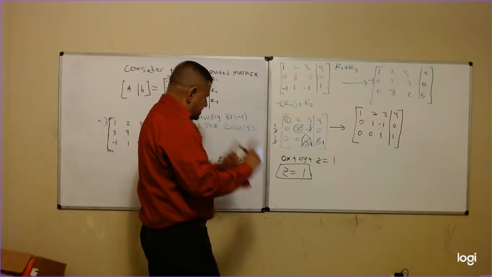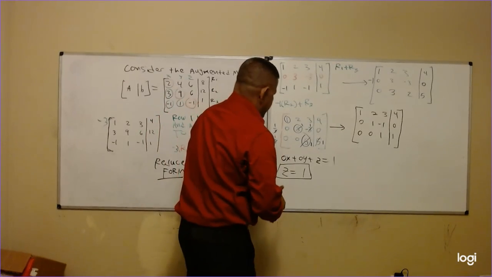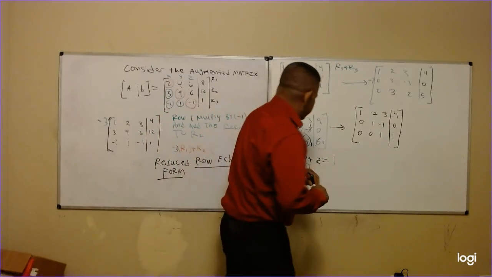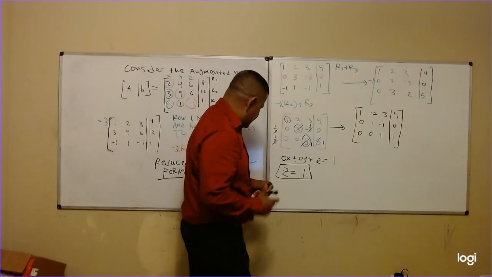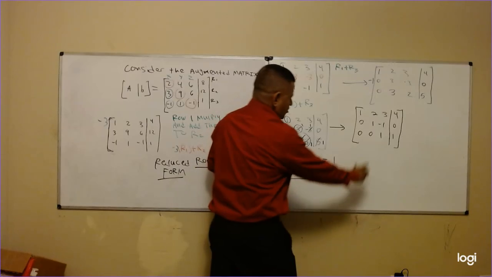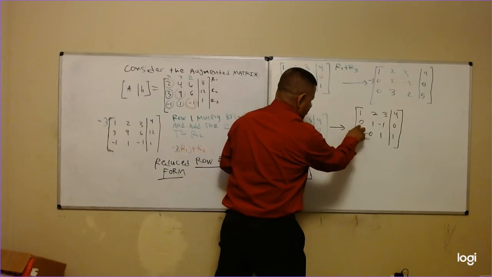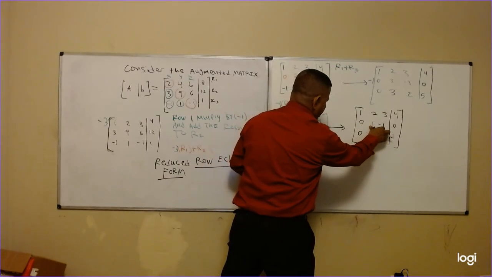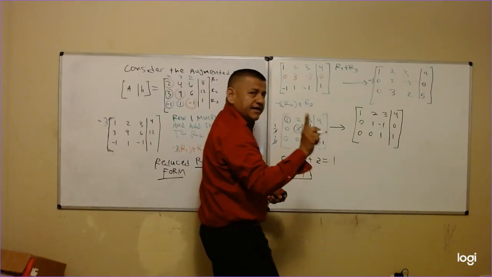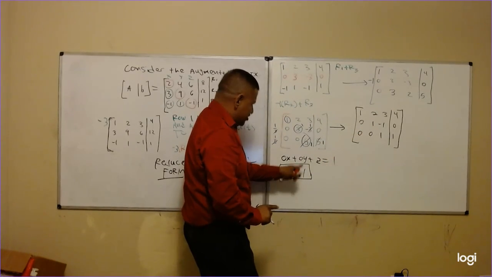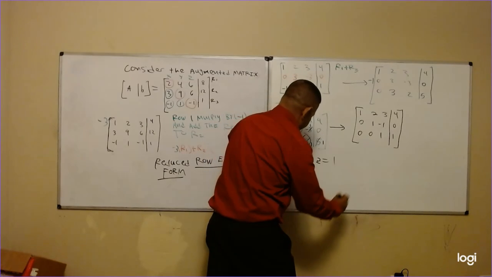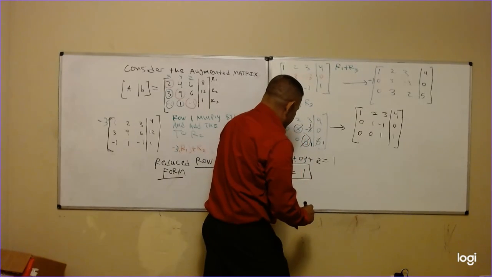Now, z is equal to 1 at this point. How can I find the value in this equation? Well, at this point, it's already a piece of cake, because I already have 0 here. I have 2 variables here, but I know the value of z already.